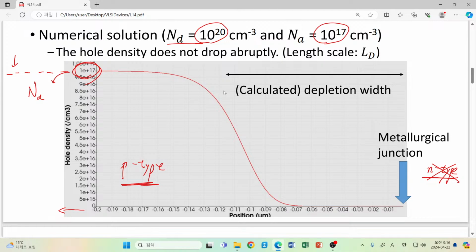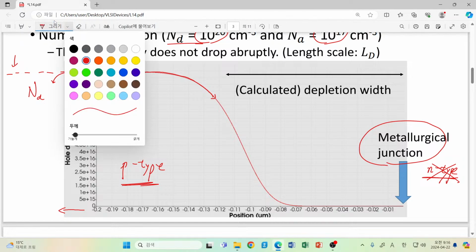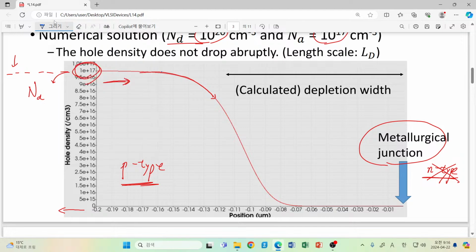But if we approach the metallurgical junction, the junction point between the n-type region and the p-type region, then we can see a sudden drop of our hole density. So if we exactly follow the depletion approximation, how does it look? The hole density is assumed this way.